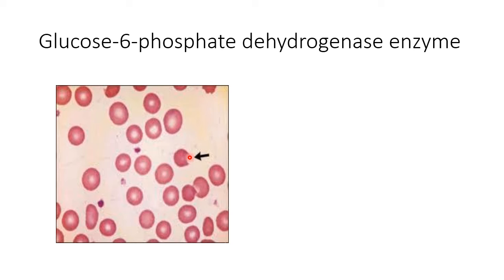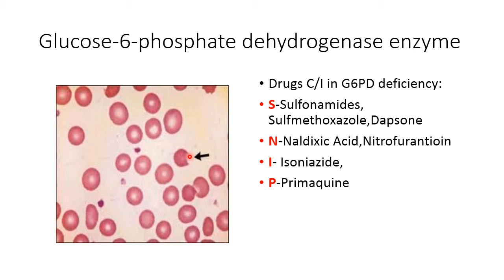Now, what are the drugs which are very notorious to precipitate hemolytic anemia in patients having G6PD deficiency? This is remembered by the mnemonic SNP. S is for the sulfur containing drugs like sulfonamide, sulfamethoxazole and dapsone. N is for nalidixic acid, nitrofurantoin and naphthalene balls.